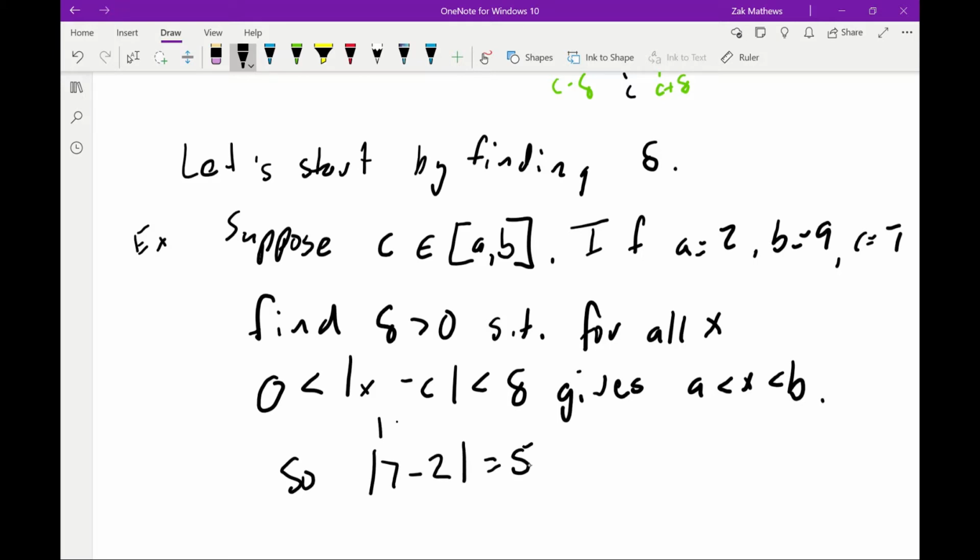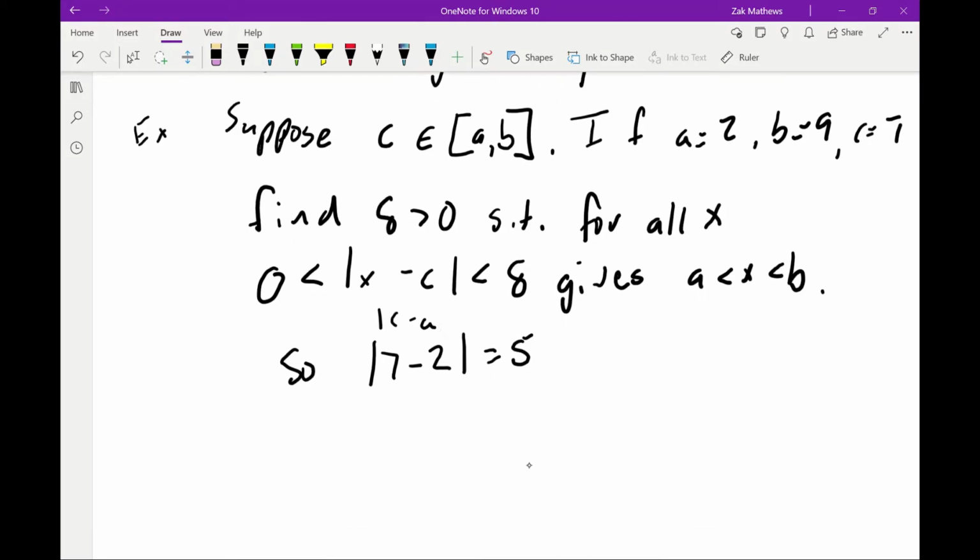This is the c minus the a. The c minus the b, we would have 7 minus 9. That would give us negative 2, but when we take its absolute value, 2.